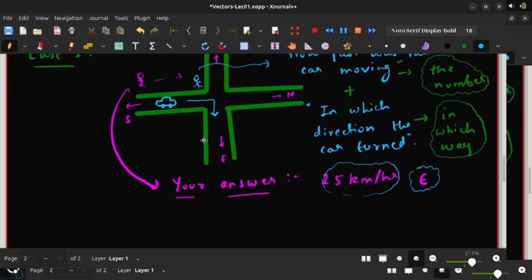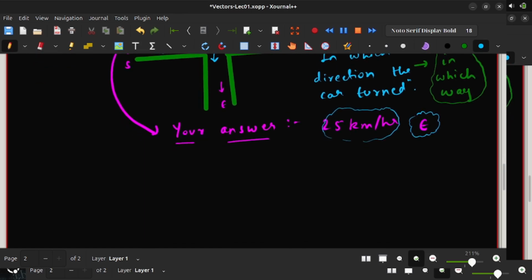From elementary classes, you know that if this number tells me the speed of the car, plus you specify direction, then this quantity is called the velocity of the car.